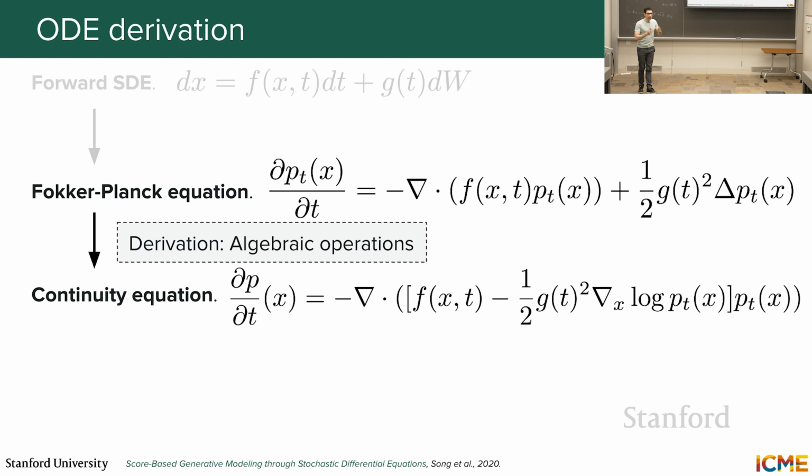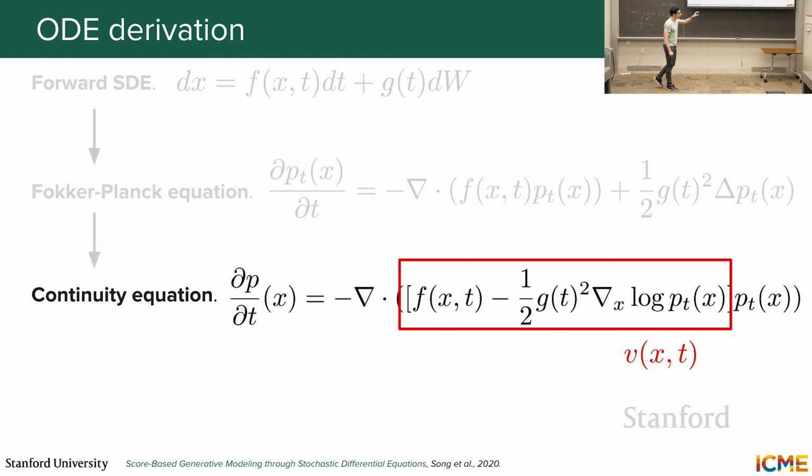Then by rearranging the terms and using an identity on p_t, we can come to another equation that is called the continuity equation, which we will see in more detail at the beginning of the next lecture. What's interesting about that continuity equation is that on the right side, there is a factor that is to be interpreted as a velocity, and the velocity is dx over dt.